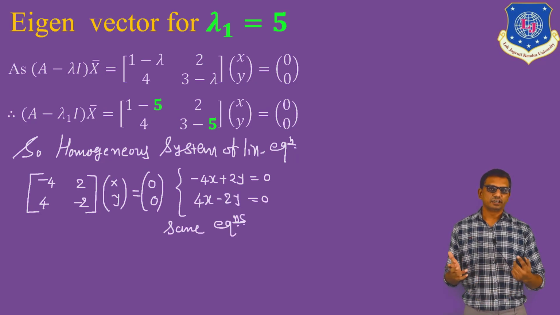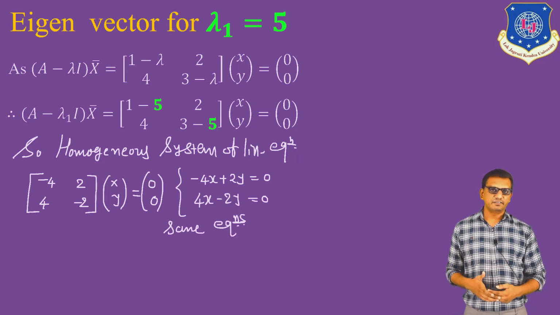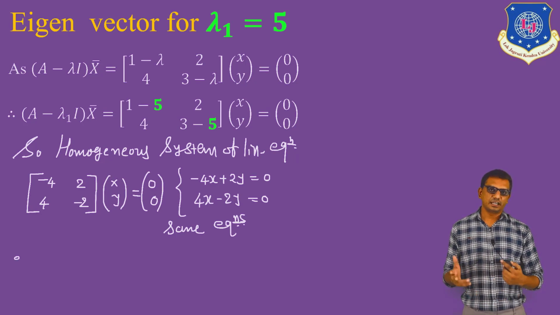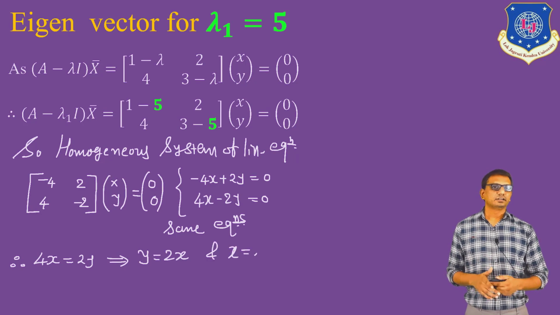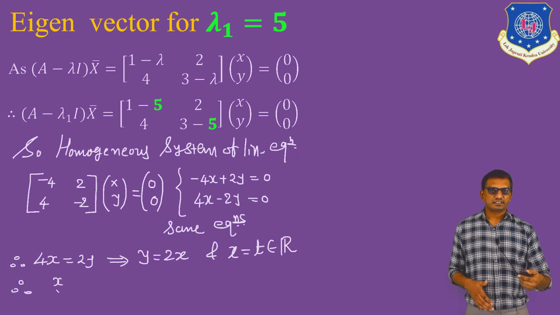Both equations are the same. You can easily verify it. So finally we simplify it with any one equation: 4x equal to 2y, and y equal to 2x. Then we take x equal to t, where t belongs to R, which is a parameter.